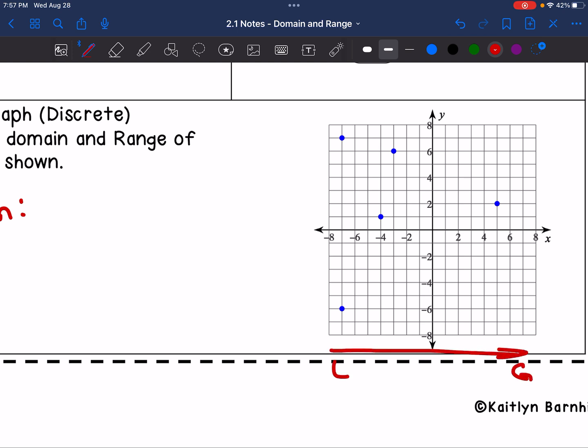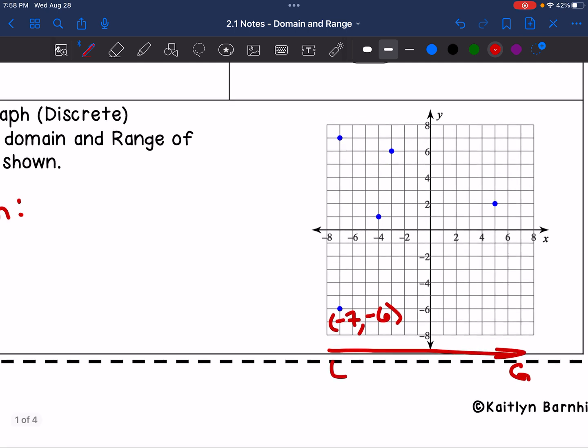That's least to greatest. So I usually just start with my furthest points to the left. So you can see this dot here is at -7, and then it goes down to -6. And then there's also a point up above it that is also negative 7, but its second number is a positive 7.